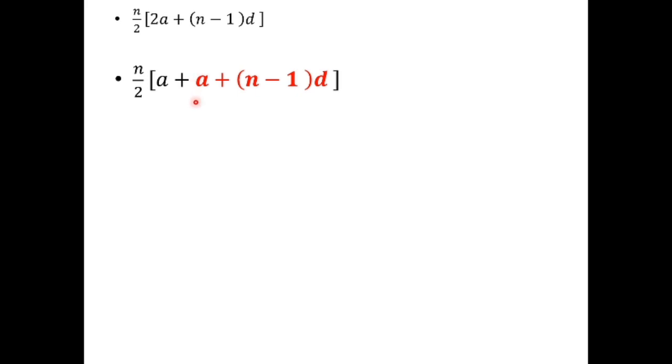That is also called the last term, so we can represent this last term by the letter L. This means we use this formula if we know the first term and last term. If you don't know the last term, you can use the first formula anywhere, no problem. But if you know the last term, you can apply this formula also.